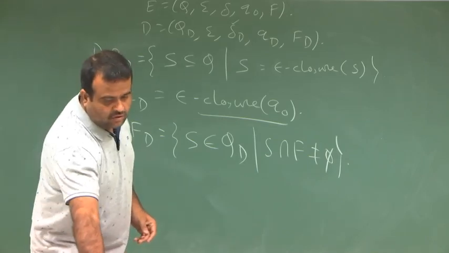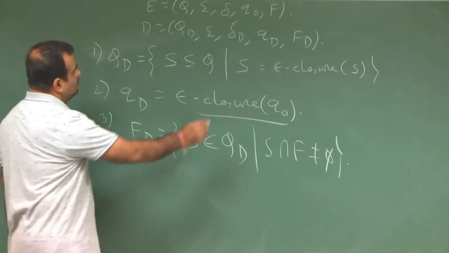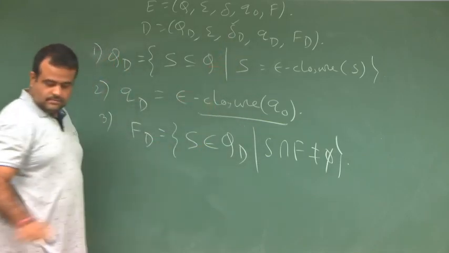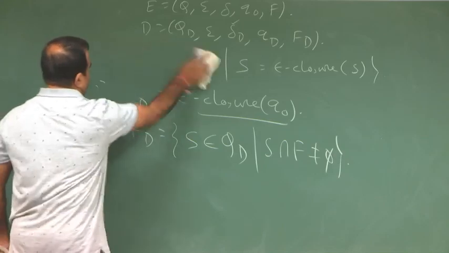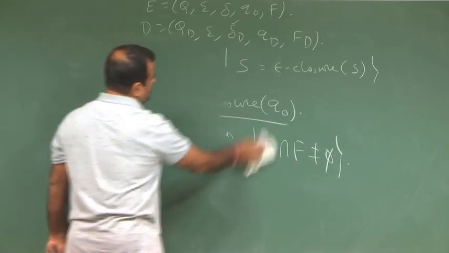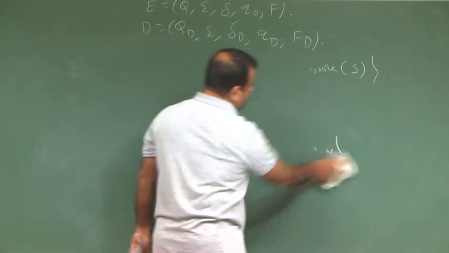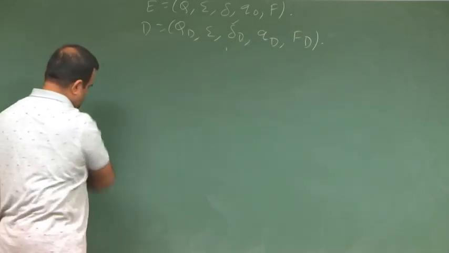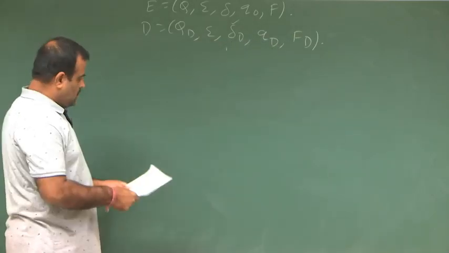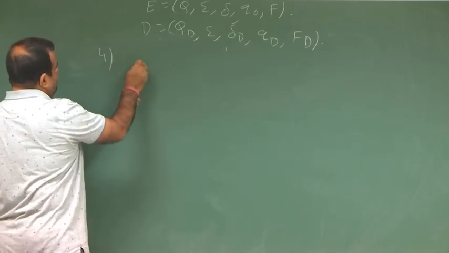Now, we define the rule, the delta. In the delta we will plug in the epsilon move. So, let us define delta d.